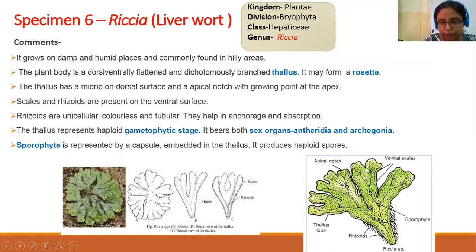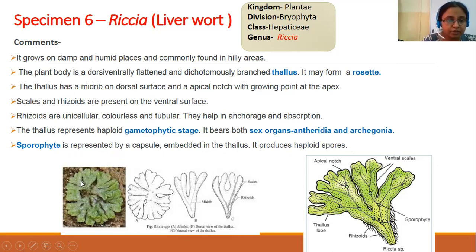Since it is divided into two parts, that's why it is called a dichotomously branched thallus, because each sac-like structure is dichotomously branched. Fine. So here you can see the plant body is dorso-ventrally flattened like a leaf, and it is a dichotomously branched thallus you can find.